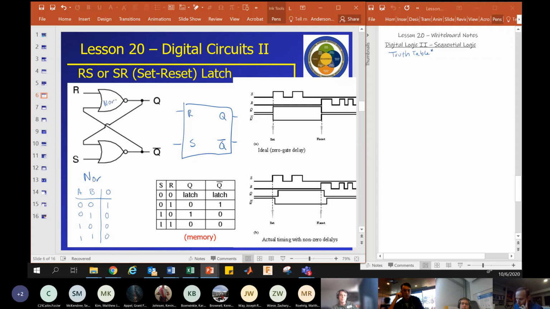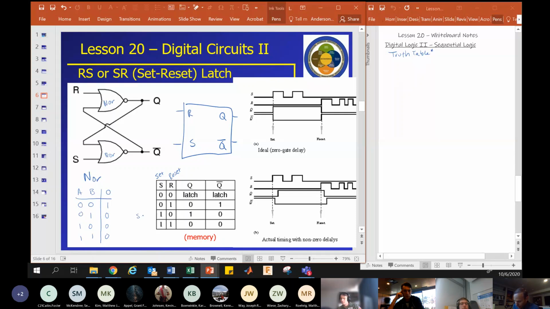Okay. So this is a cool device because it remembers. We'll talk about how this works in a second, but let's just look at the truth table for now. So S stands for set and R stands for reset. We can set the device, meaning we set the S input to 1, and that makes the output 1.